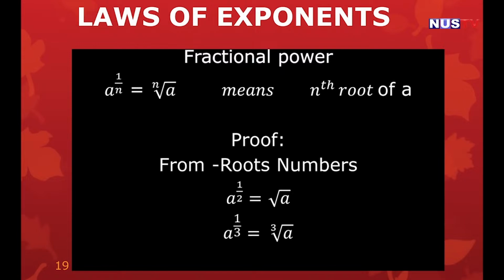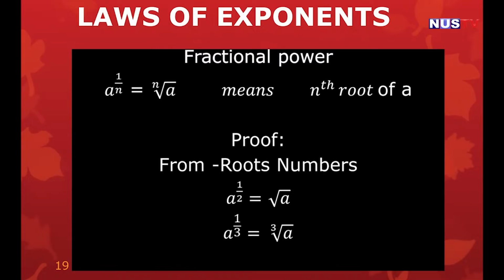So they say that if you have a to the power of 1 over n, which is a fraction, you can rewrite it as a surd, as the nth root of a. Nth root of a. Okay?